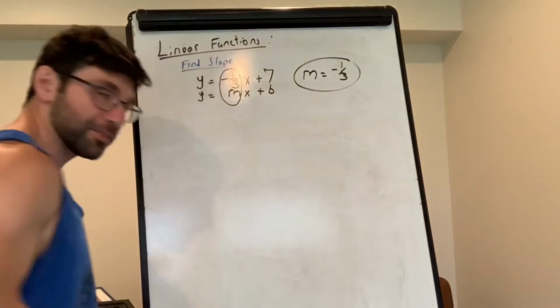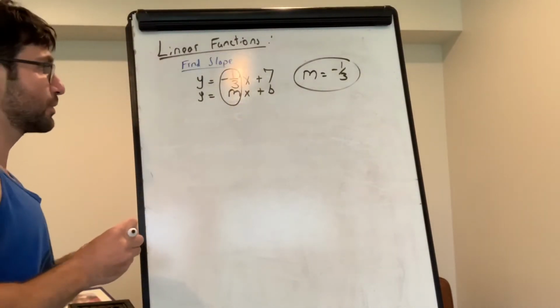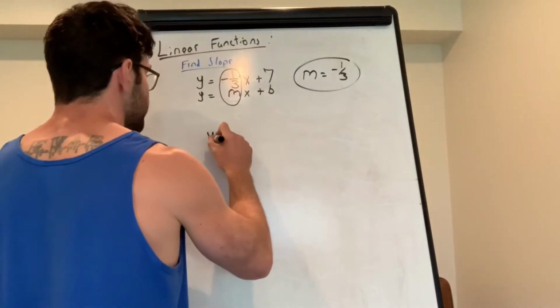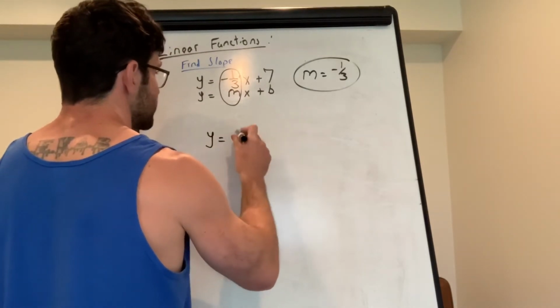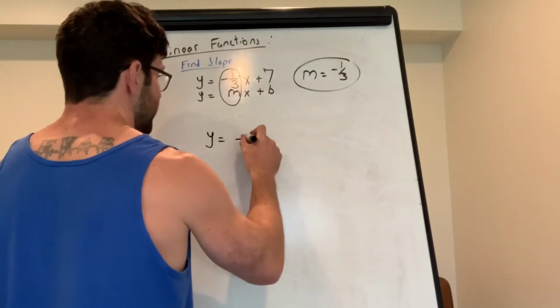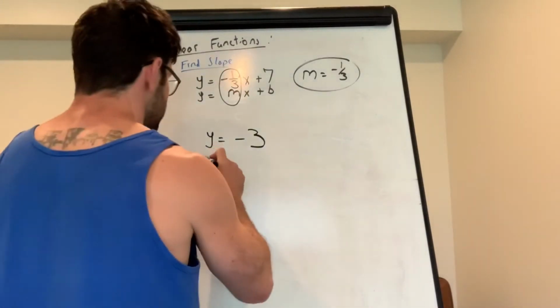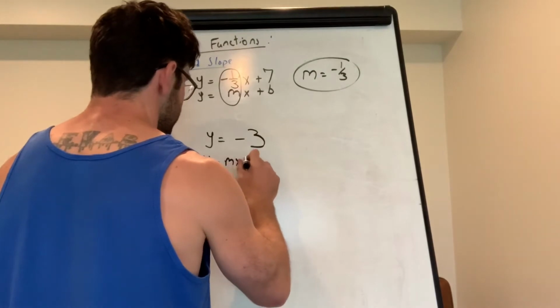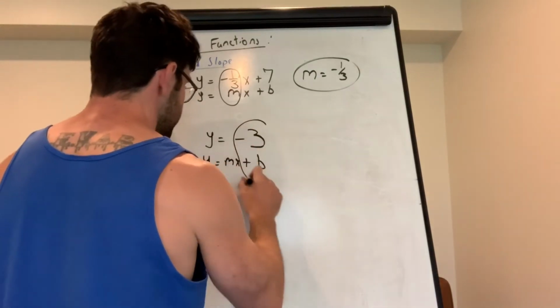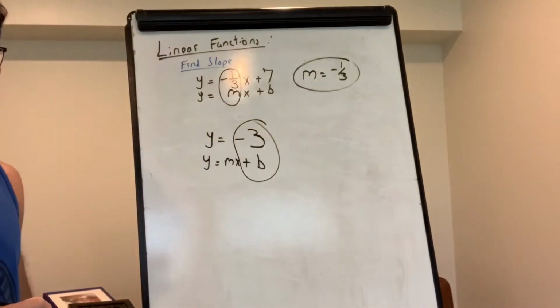We didn't talk about this on, I guess, Wednesday when I posted the video. But let's say we have something like this. Y equals negative 3. This is actually in slope-intercept form too. Y equals mx plus b. Well, this is matching up with my b. Do we have any x's?